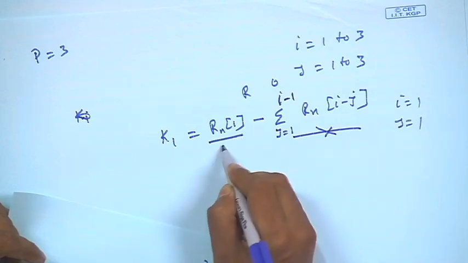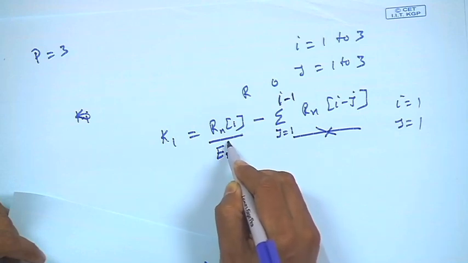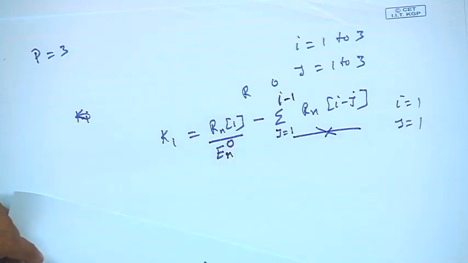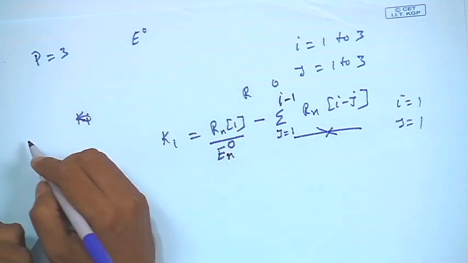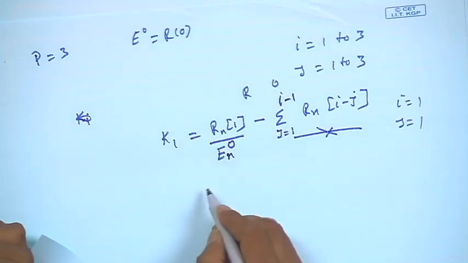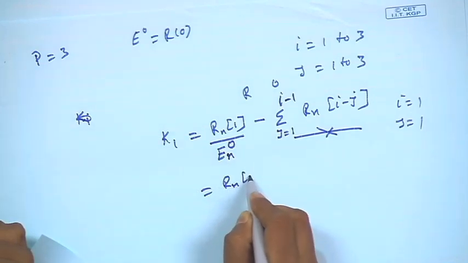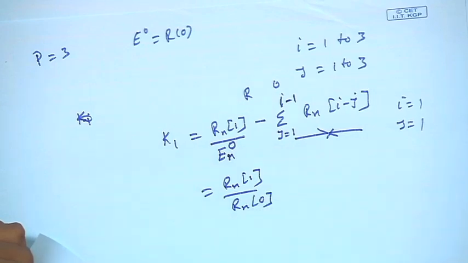So, R1 divided by E n I minus 1, which is E0. What is E0? It is the energy, which is nothing but R0. So, I can say K1 equals Rn1 divided by Rn0.